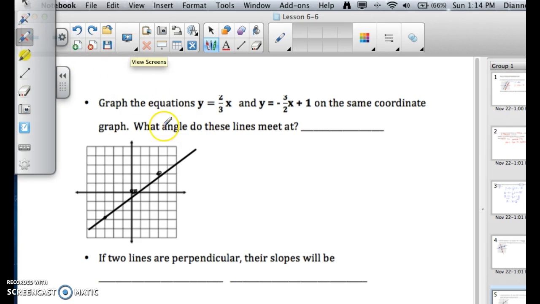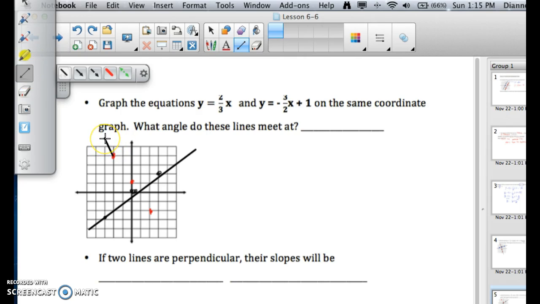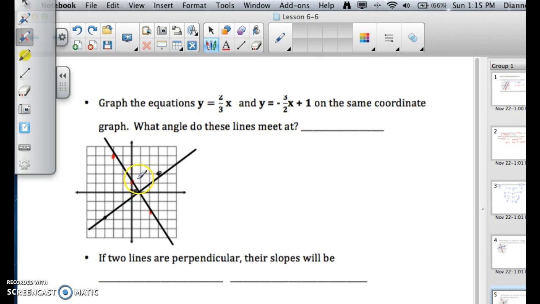So now I'm going to do this one where the y-intercept is 1, and has a slope of -3/2. So up 3 over 2, or down 3 over 2. Now granted, this is not going to be as good as the last one. But once again, the angle these two lines form is a 90-degree angle.